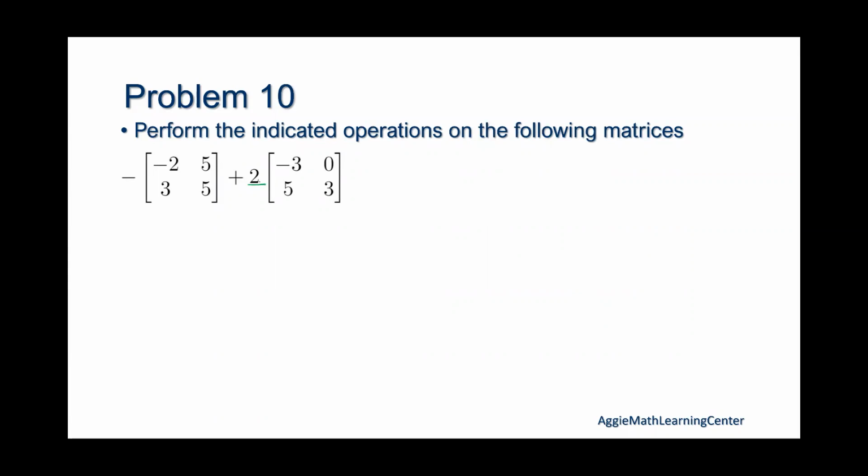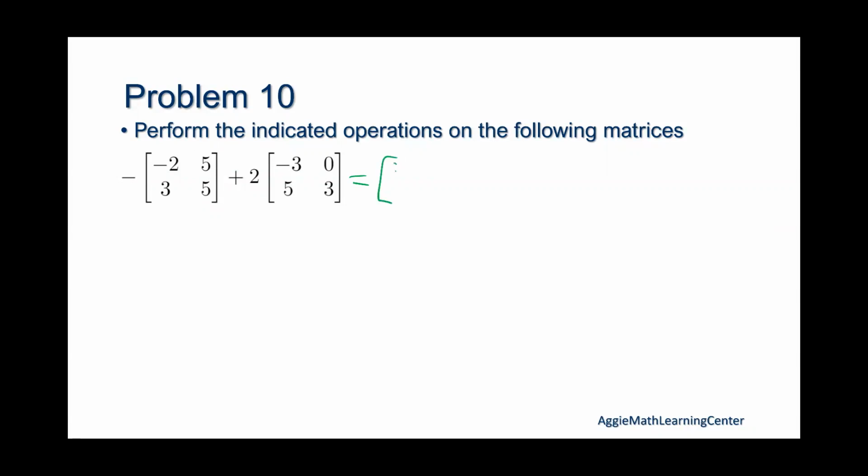So this +2 here, and this minus, we can kind of think of it as a -1. Those are just the scalar multiplication is all we're doing. So this negative, we're gonna distribute it to each entry, basically.